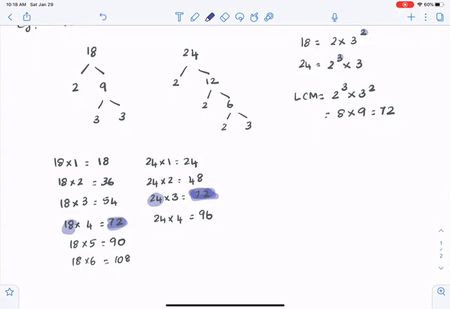If the given two numbers divide the answer that you have, then you have the correct least common multiple. Do keep in mind, I could keep on going and find more common multiples, but I don't care about those because I want the smallest one. So the moment I hit 72, I stop.